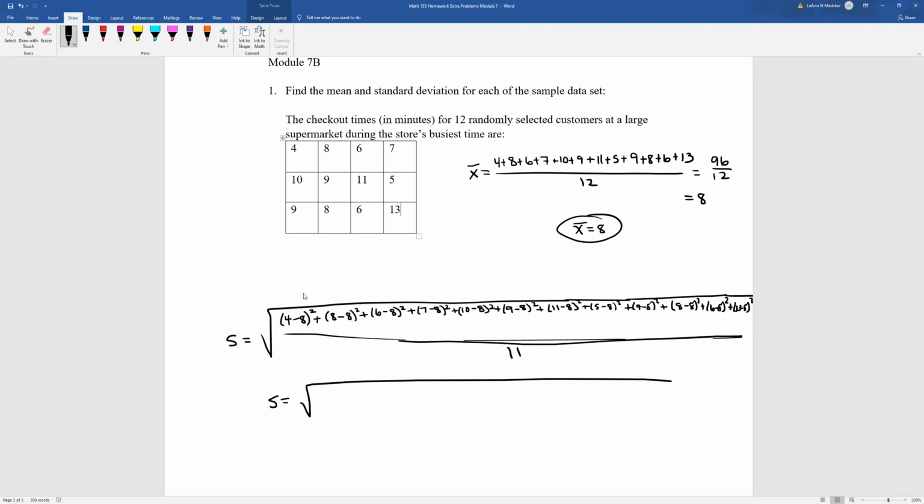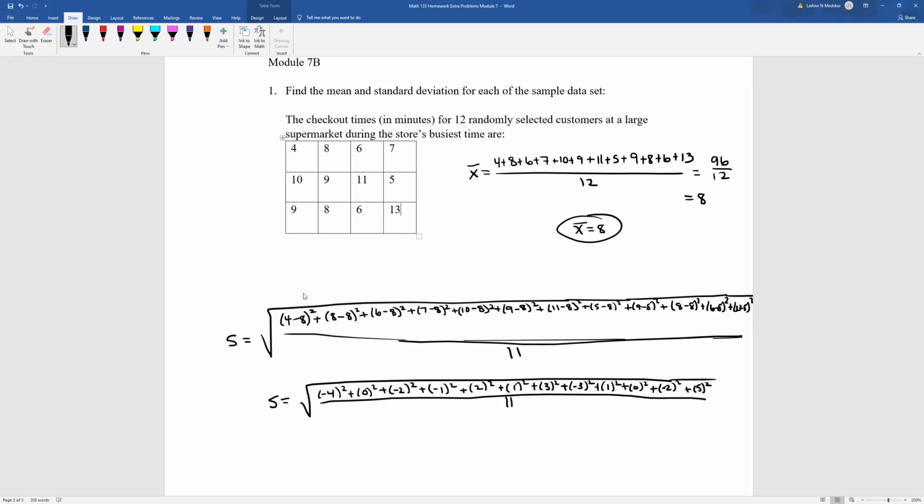So this is -4 squared plus 0 squared plus -2 squared plus -1 squared plus 2 squared plus 1 squared plus 3 squared plus -3 squared plus 1 squared plus 0 squared plus -2 squared plus, I believe that is 5 squared, yes. All divided by 11 and under the square root.